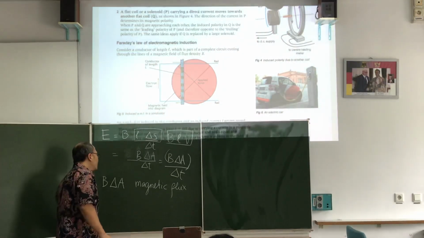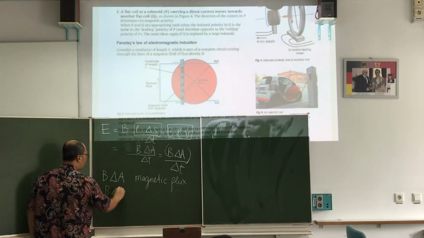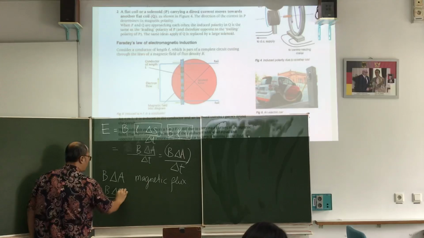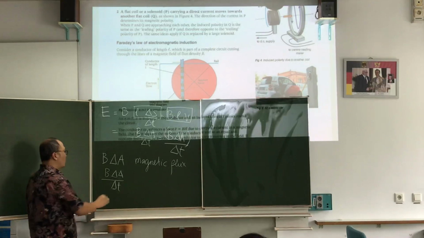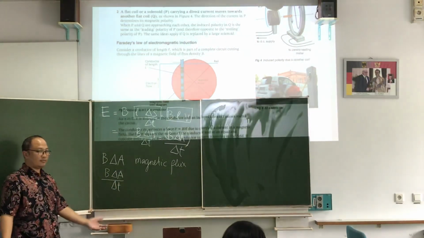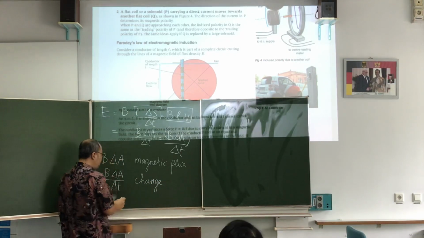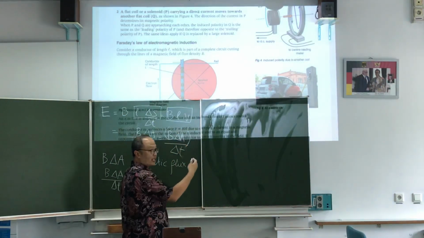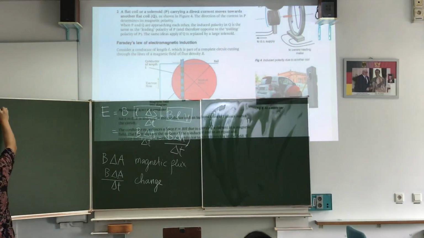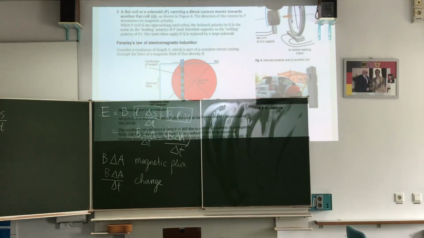Now, if I have B times delta A divided by delta T, then this is no longer only magnetic flux, but rather it's called change of magnetic flux, because of the delta T. Just like whenever you have delta S over delta T, this is the change of distance you travel, which you know as velocity or speed, right?